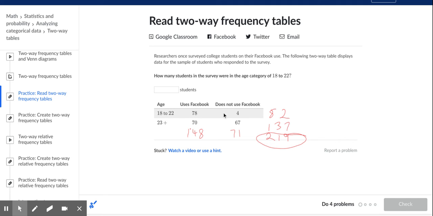So let's look, we can just add these two together. We've already done that. That was 82. So 82 people in this category. So this row corresponds with 18 to 22. So the answer is 82. So that's really all they're asking for here, is we just add these two numbers.